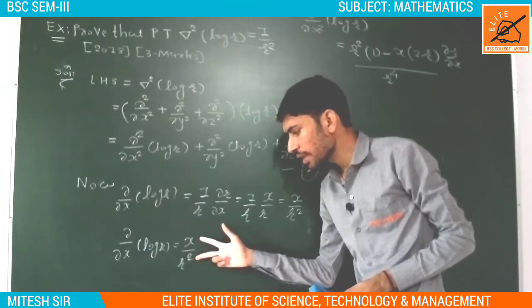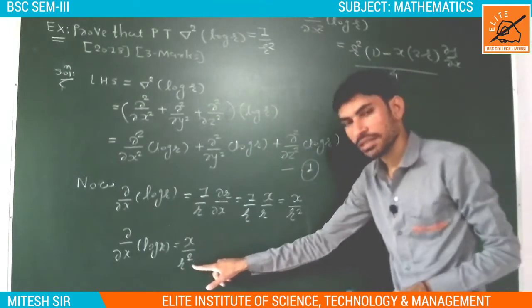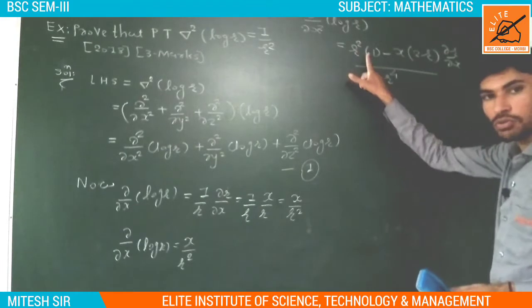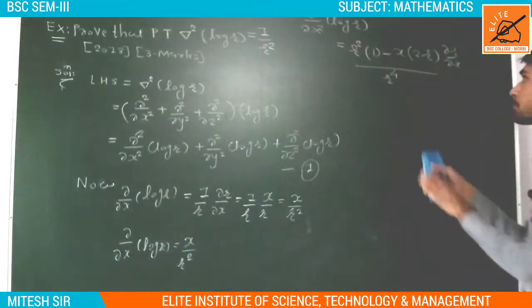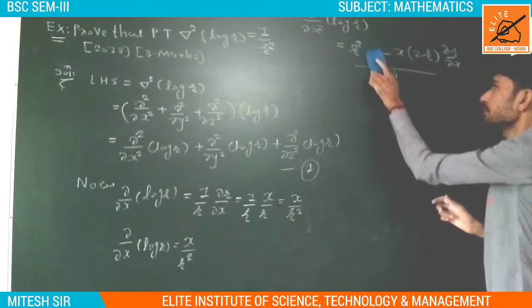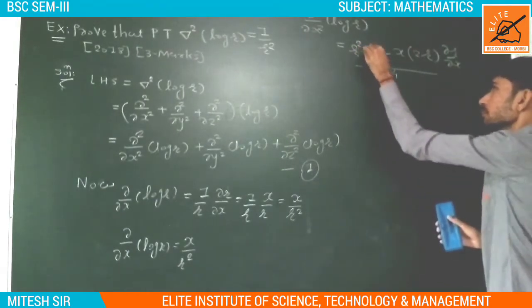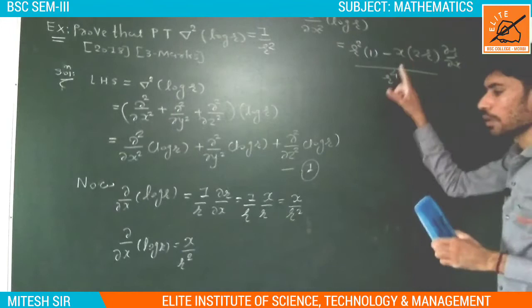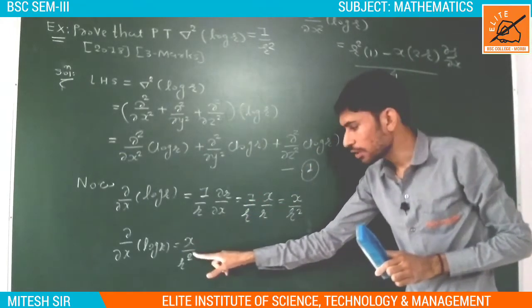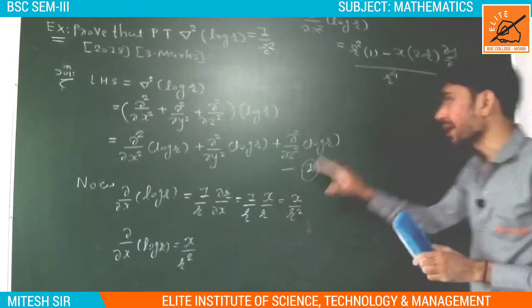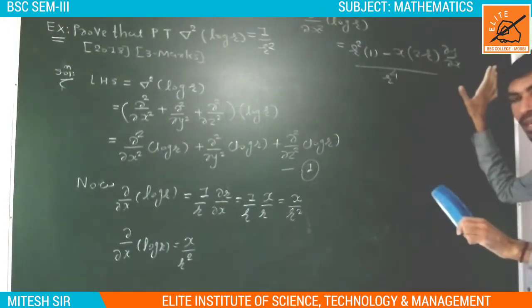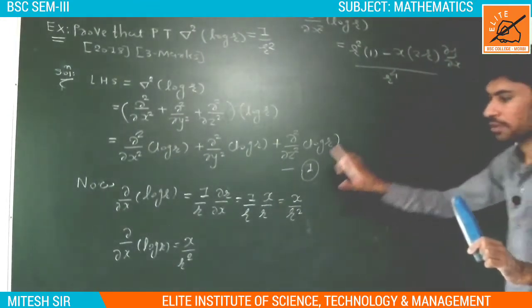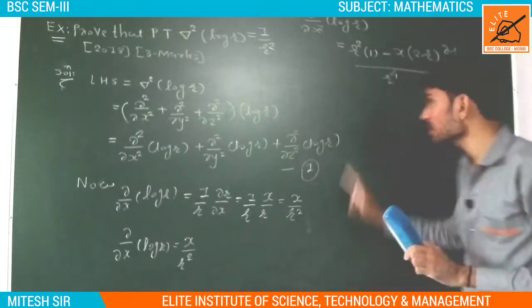So here we apply our division rule. The denominator as it is, r square as it is. The derivative of the numerator x with respect to x is 1, minus the numerator x as it is, and the derivative of the denominator r square is 2r times del r by del x, and in the denominator the square of the denominator, that is r square, which means r raised to 4.